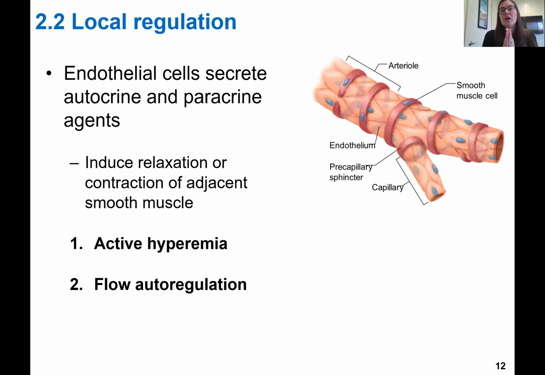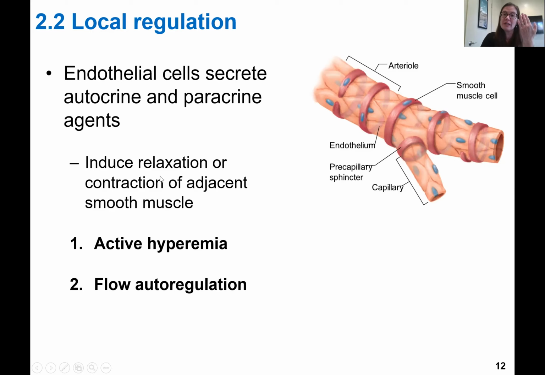Okay? But on the local level, you can also get regulation of the smooth muscle right there on the tissues, on the smooth muscle that's right there in that area. So the endothelial cells themselves secrete paracrine agents that then go through the interstitial fluid and are bound to receptors on the surface of the smooth muscle cells that are right there next to them.